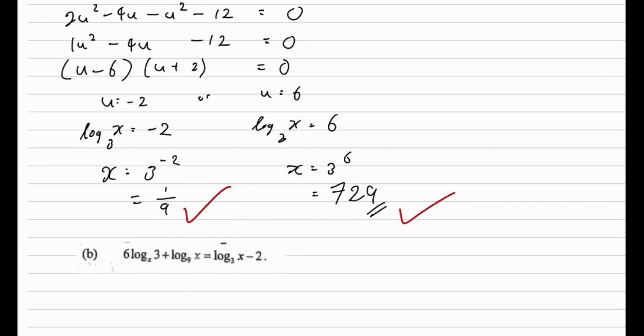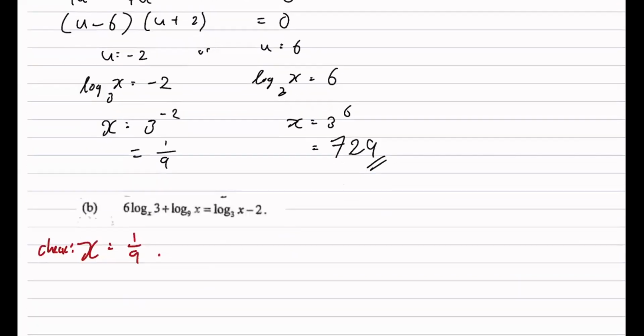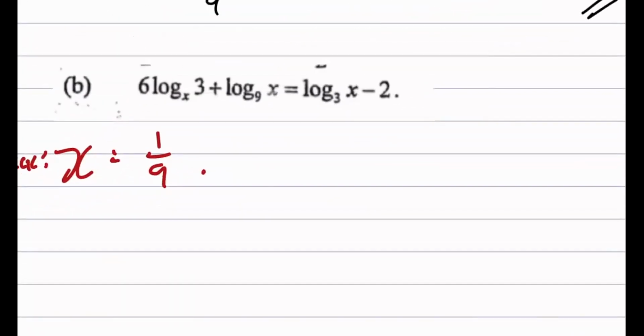Or maybe another thing we could check is let x equal 1 over 9. Then you sub. Check the left-hand side. So this one, I would probably use a change of base. Maybe LHS will be equal to 6 times ln3 over lnx.